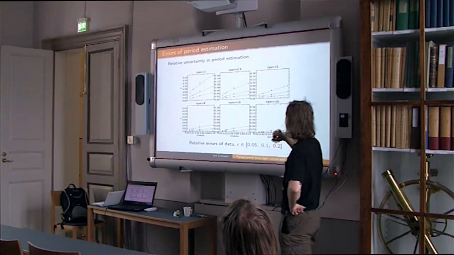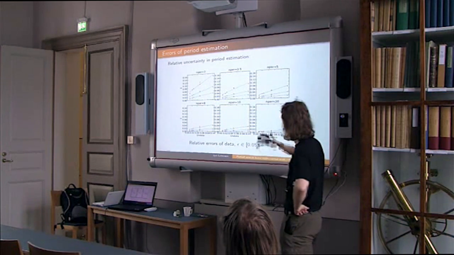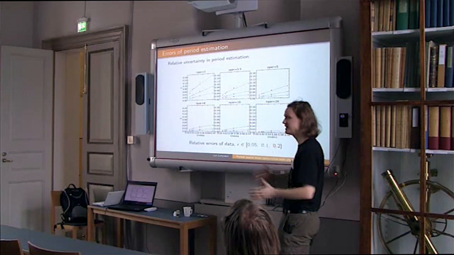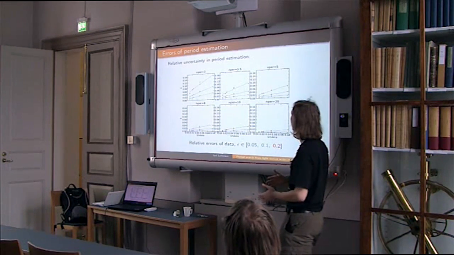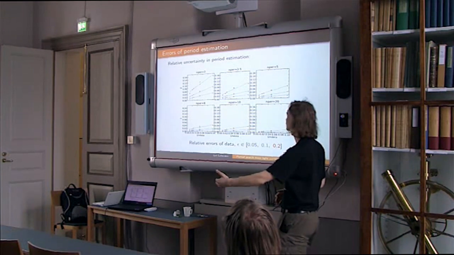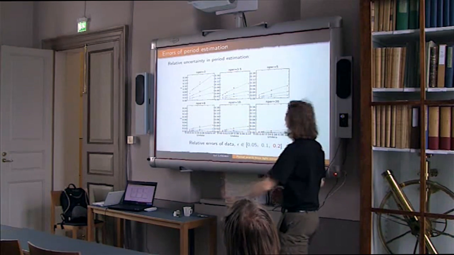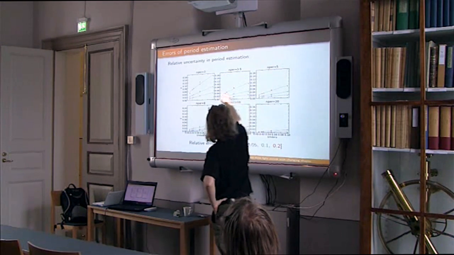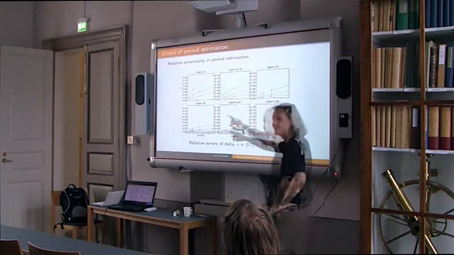analysis. But if your errors are larger, or if you are forced to use less data, and the period of the light curves are long, so you can't use too many periods, then you end up somewhere here. So in the worst case, you see more than 10% variation in the periods.